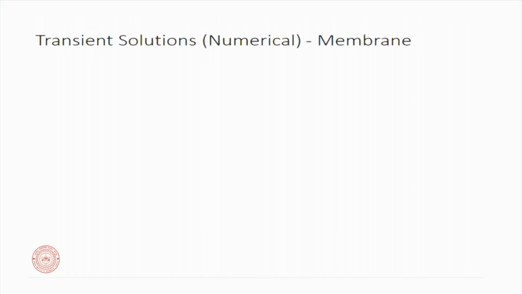So, for a numerical solution, this is for a membrane. We are considering a 2-dimensional membrane. It is a circular membrane which is fixed at both ends. This is your r equals 0 to the surface r equals 1, right. It is symmetric.